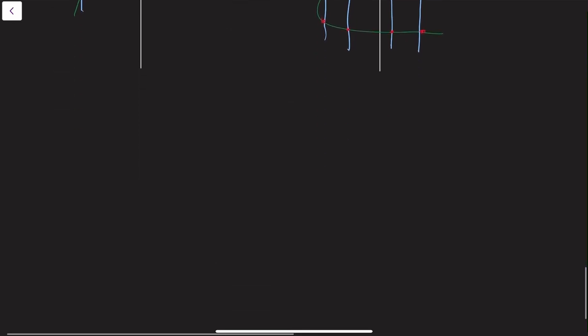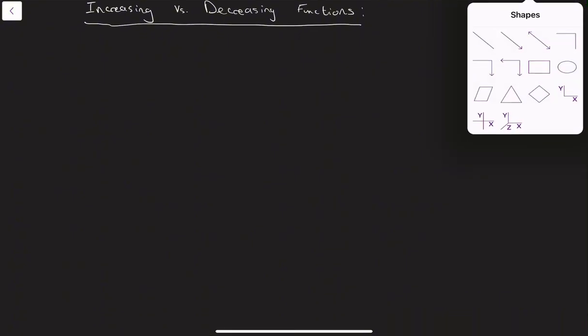And the last topic I want to touch on, today will be a relatively shorter video, is increasing versus decreasing functions. So let's draw two more graphs.